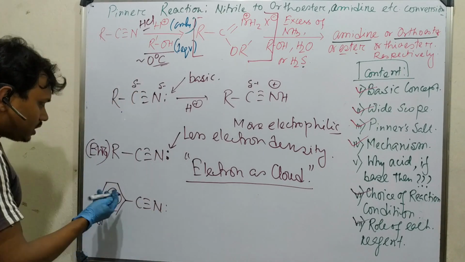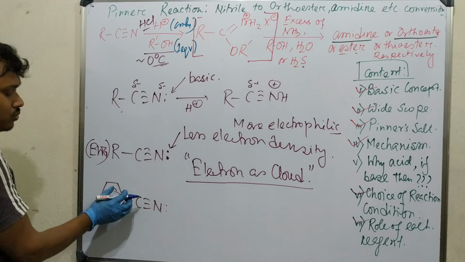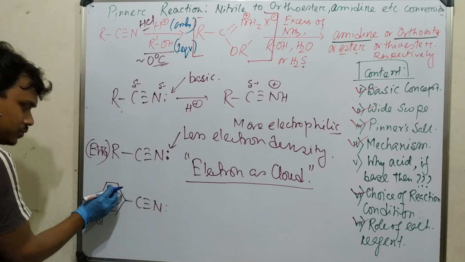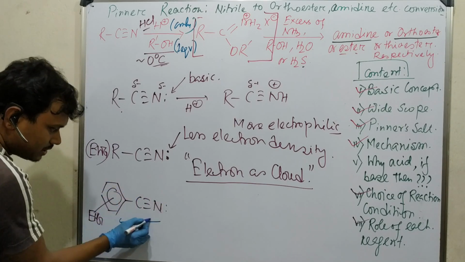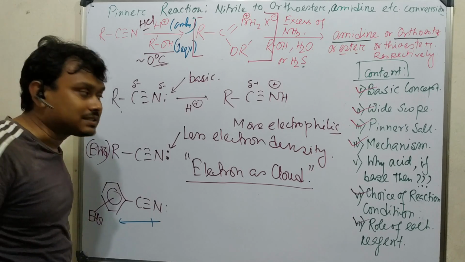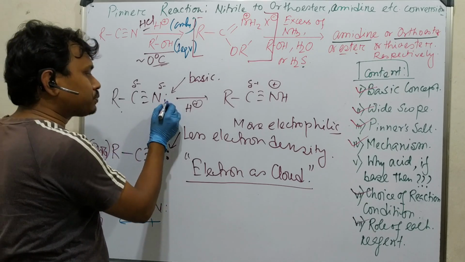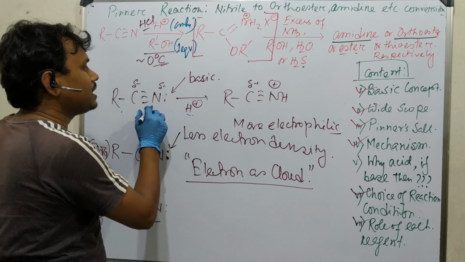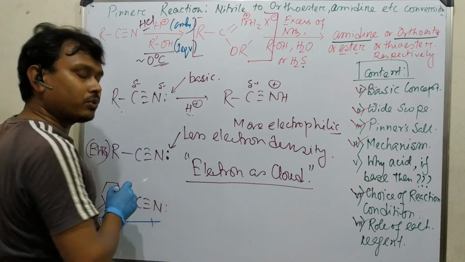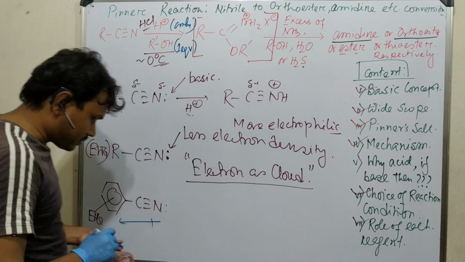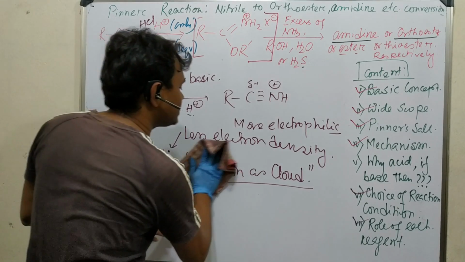How? If it is a cloud, then this pi cloud is electron deficient, so electron density will be grabbed slowly to this side, so the electron availability of nitrogen will be less. Protonation is actually donation of electrons to the proton, so that will be less. Fine. So this step is clear.